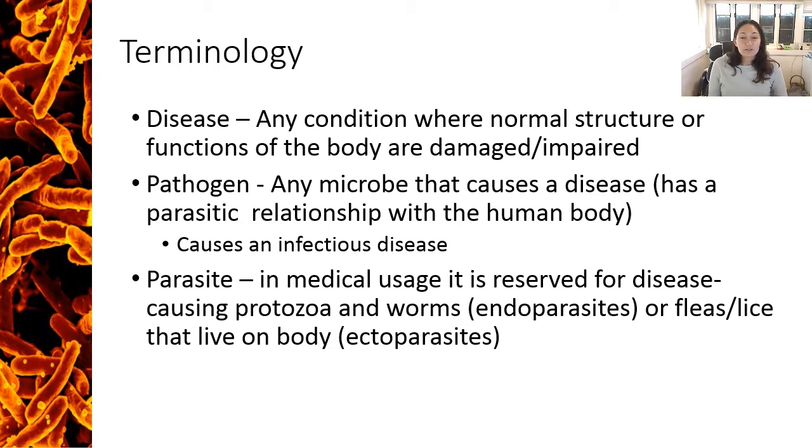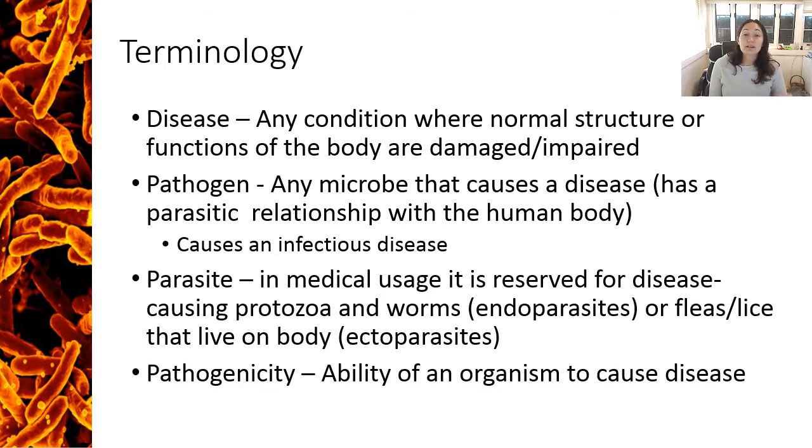This is a little bit confusing because all pathogens have a parasitic relationship with us, but when you call a pathogen a parasite, in medical usage, this is typically reserved to diseases that are caused by protozoa or worms, so some of those eukaryotic pathogens we learned about. So while all pathogens have parasitic relationships with the human body, only eukaryotic microbes that are protozoa and worms are really called parasites directly.